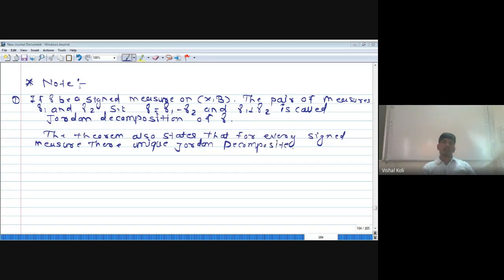Since if we take any Jordan decomposition other than this gamma 1 and gamma 2, then it must be equal to gamma 1 minus gamma 2.